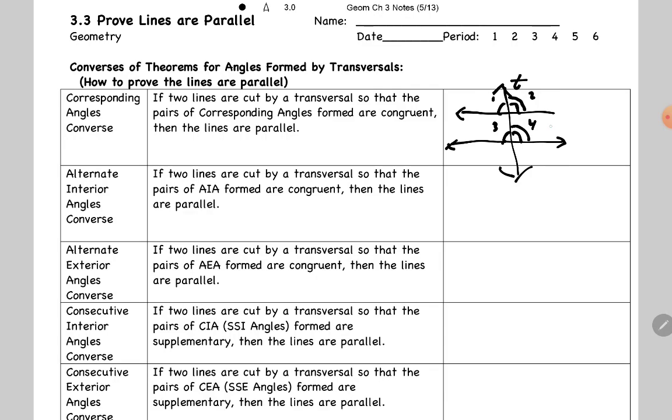So if two lines are cut by a transversal and two corresponding angles are congruent, that means the lines are parallel.